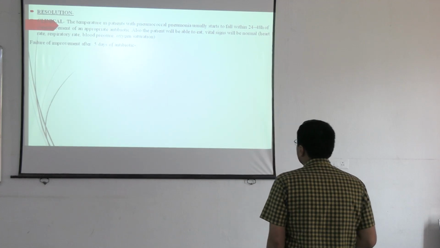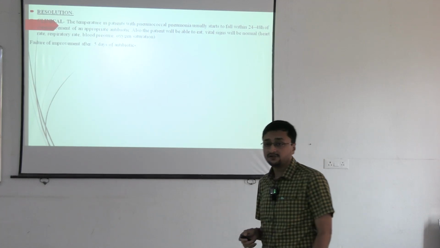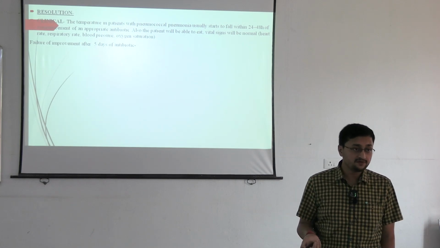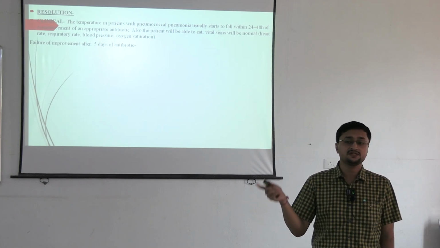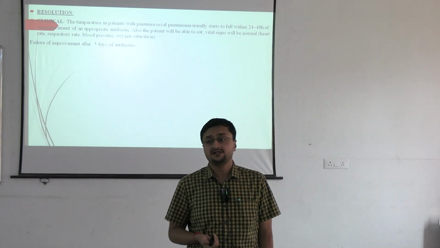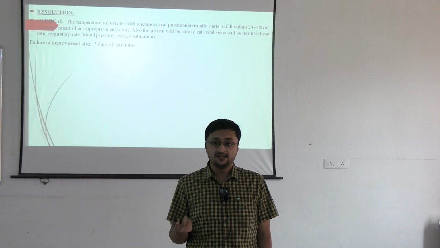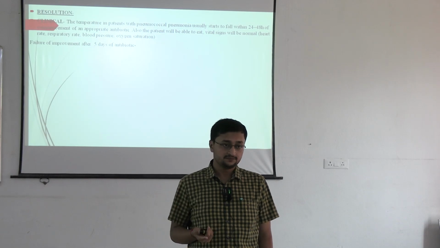And what are the criteria of failure to improve after 5 days of antibiotic? If a patient after 5 or 7 days of antibiotic is not improving enough, what diagnosis could it be? There might be sudden complications of pneumonia developing.